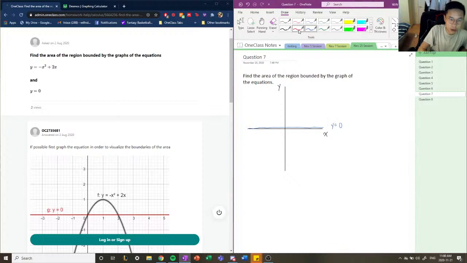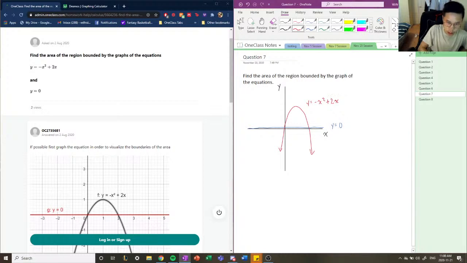And our second equation is the parabola negative x squared plus 2x, okay? So the zeros for this are 0 and 2. Okay, so we have something like this. And this equals y equals negative x squared plus 2x.